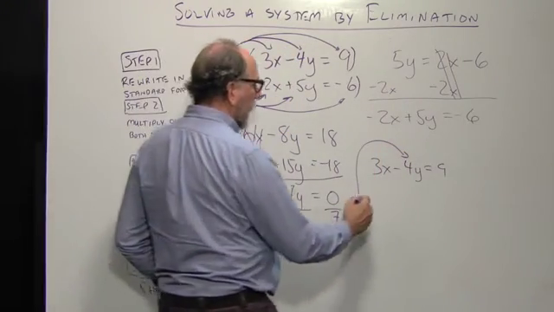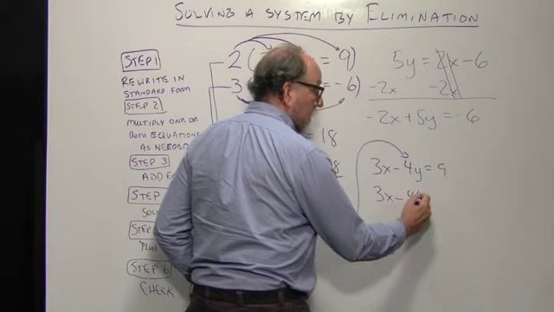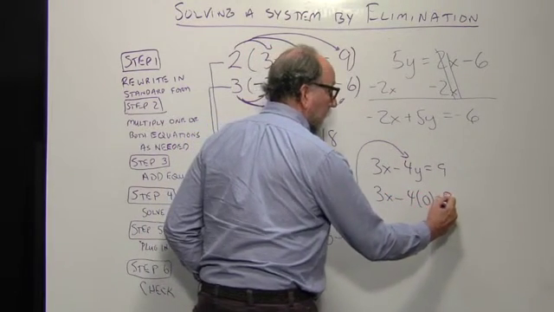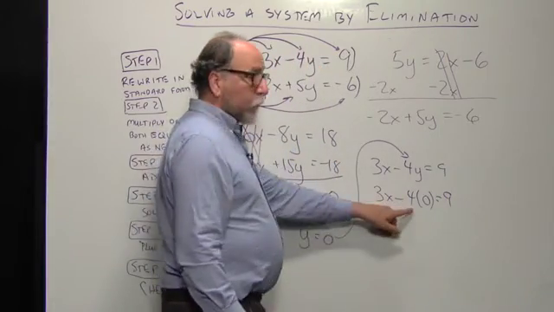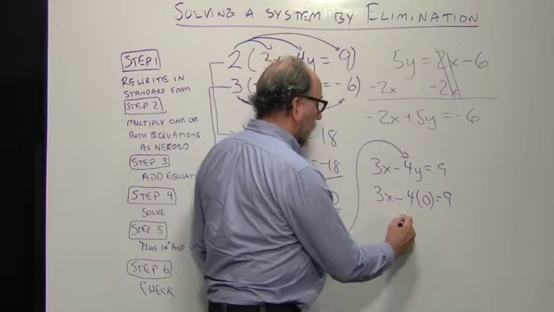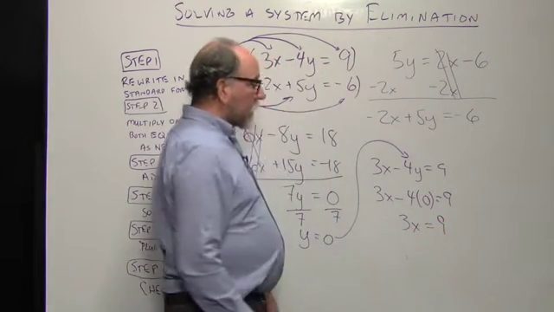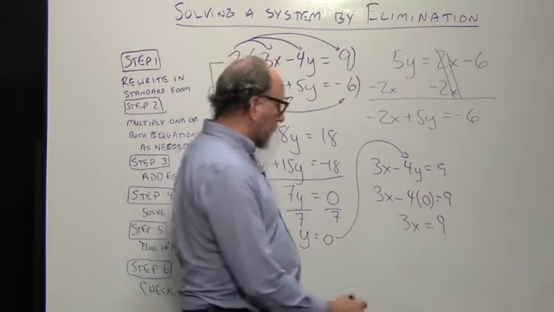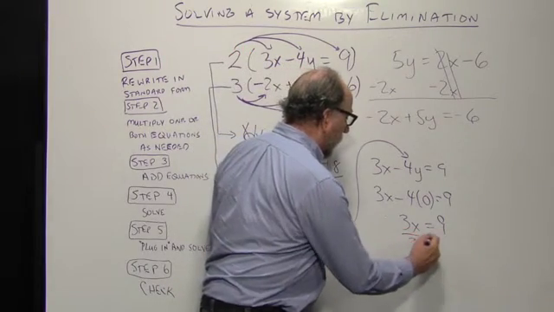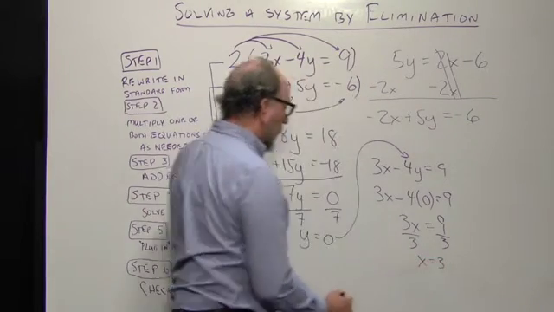So I can rewrite that as 3x minus 4 times 0 equals 9. Or 4 times 0 is 0. 3x plus that 0 is 3x. So now we have 3x equals 9, and we can solve that by dividing by 3 and get x equals 3.